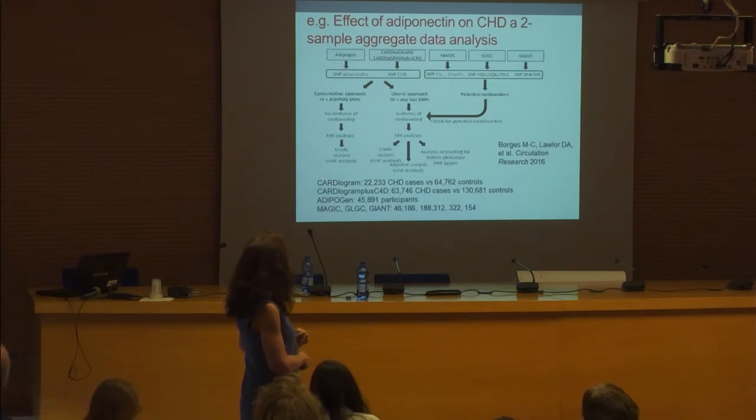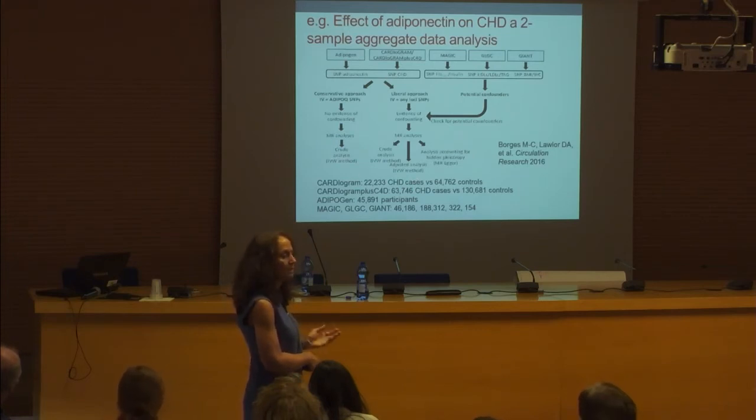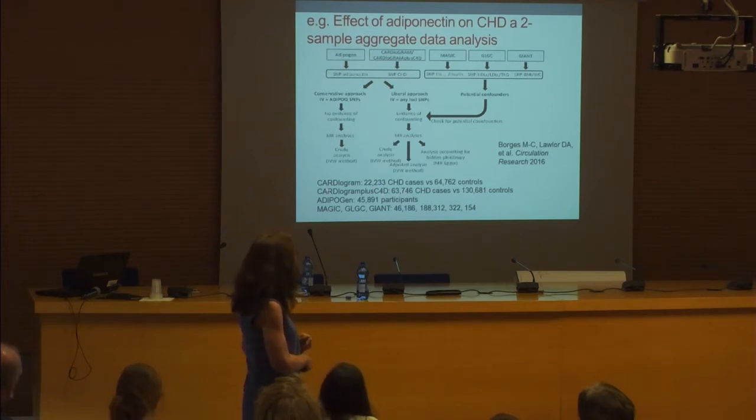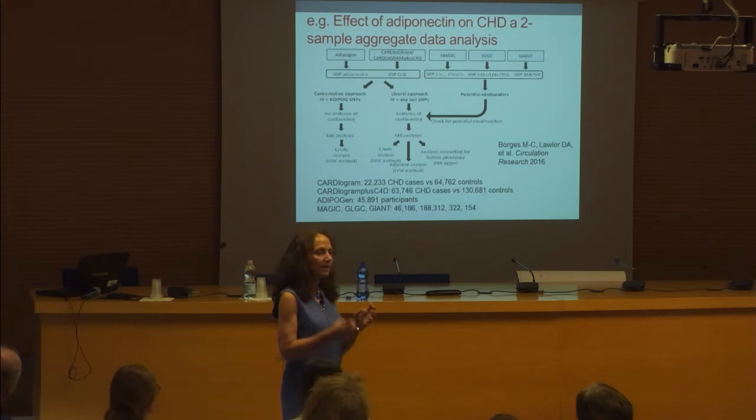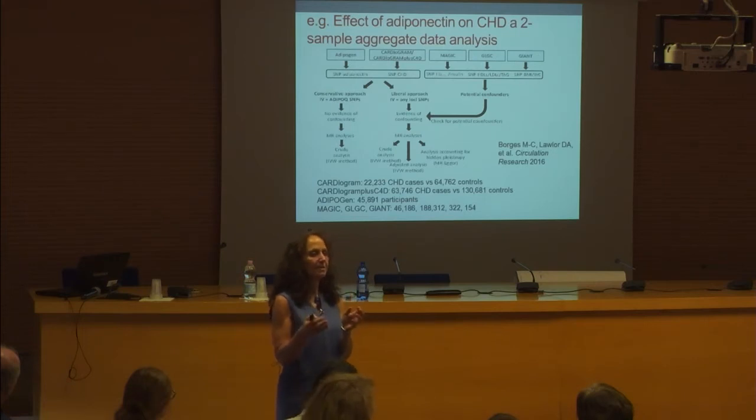We looked at coronary heart disease outcomes with two data sets, one which was the CARDIoGRAM consortia with 22,000 coronary heart disease cases, but then they joined with another consortia called C4D, which takes it up to 64,000 coronary heart disease cases. For adiponectin, there are some genetic variants in the gene region that codes for the protein adiponectin.